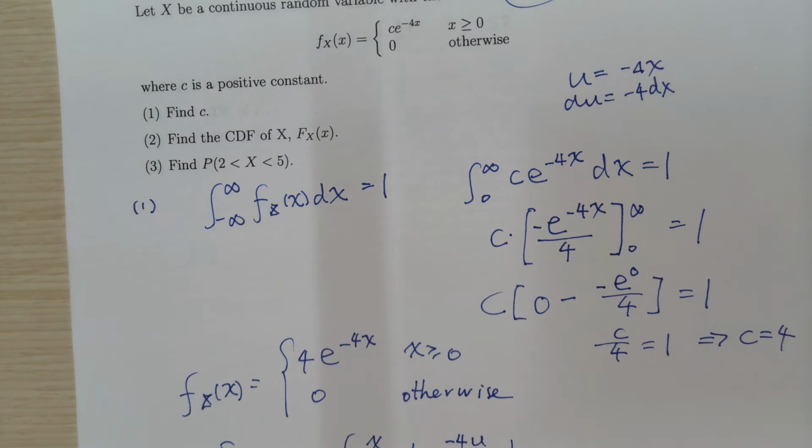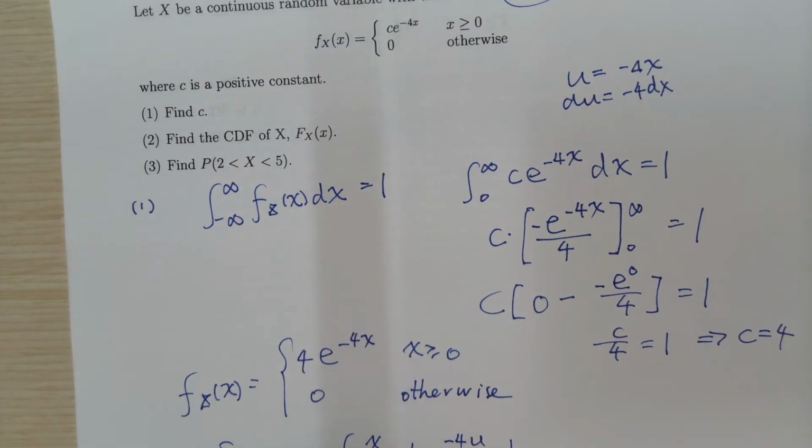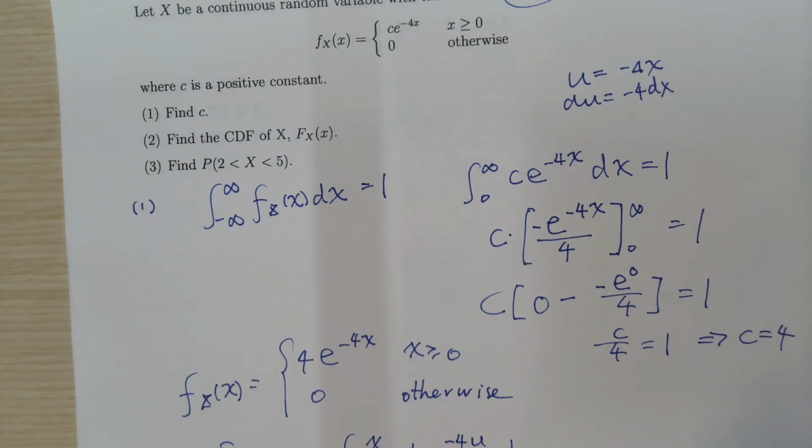When x is greater than or equal to 0, that CDF is going to become the integral from 0 to x of 4e to the power negative 4u du.